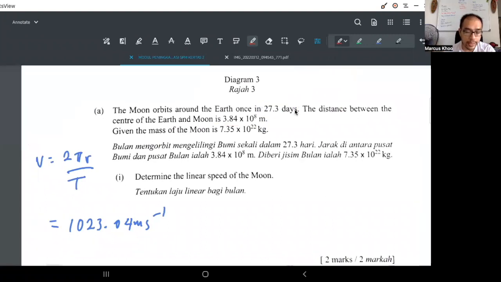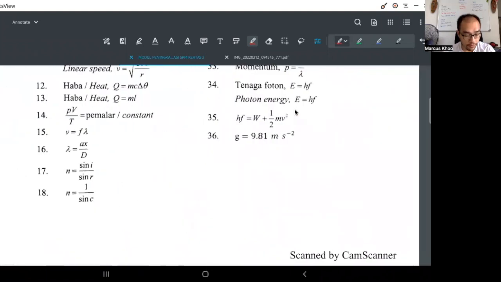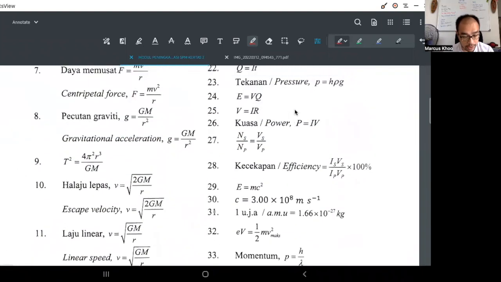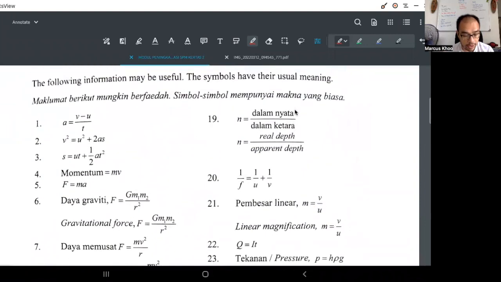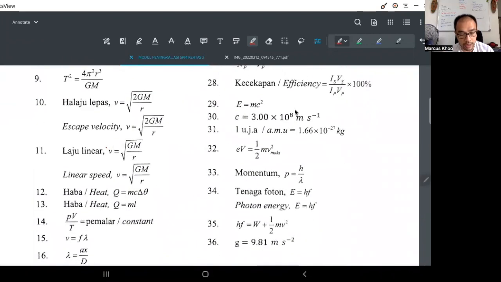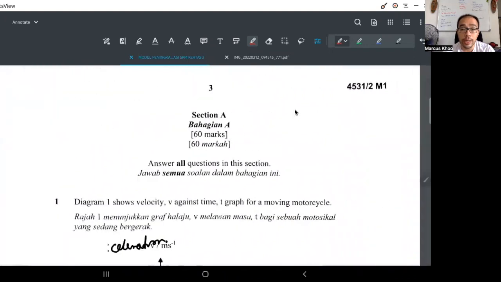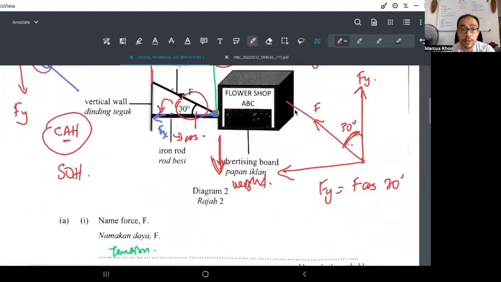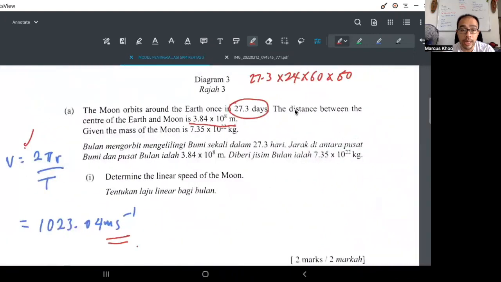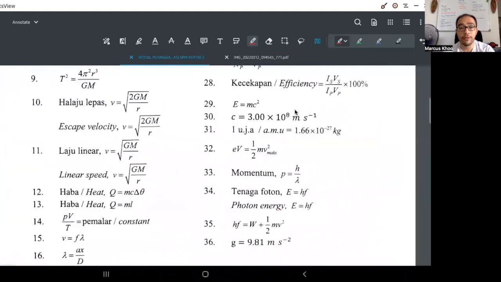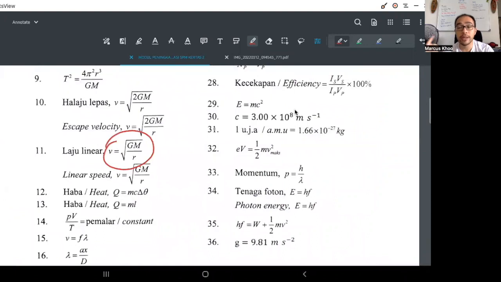In this one, the formula for linear speed is given like this, but you can also use another formula for linear speed, the square root of gm over r, because you have the mass and you have the r.